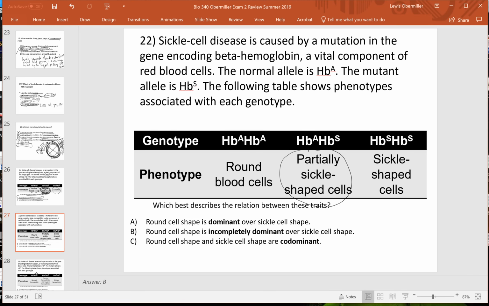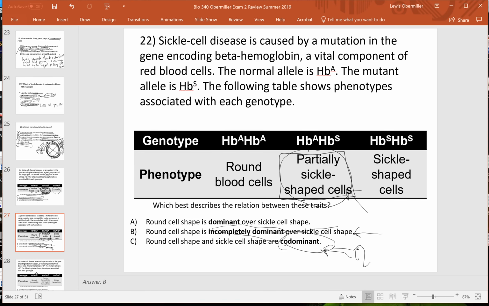Partially sickle cell. Okay, so this could be codominant, right? Or incomplete dominance. Remember, the difference between the two is kind of shady, but if we're looking at one phenotypic outcome, which is partial sickle cell shape, then we would say that is incompletely dominant. Because if it was codominant, we would see the cells being two different things.